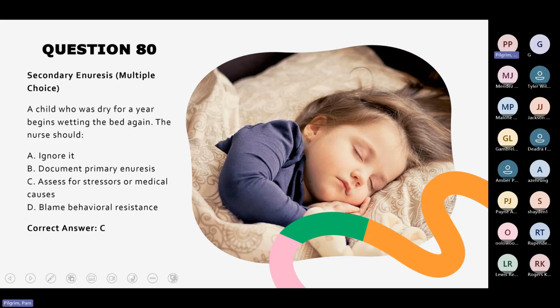The answer is C, assess for stressors or medical causes, because secondary enuresis is a sign of regression. So you would want to assess for stressors or medical causes.